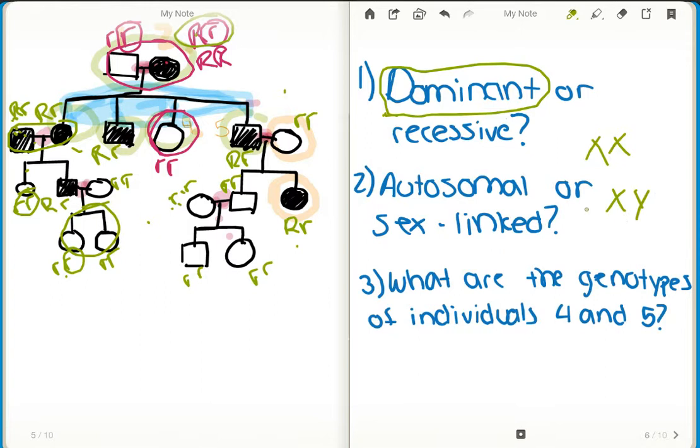So usually sex-linked traits are carried on the X chromosome as it is bigger and holds more genes. An easy way to figure out if something is sex-linked is if only males or mostly males are affected by it. Here we have a mixture of both, so it will not be sex-linked, and it will be autosomal.